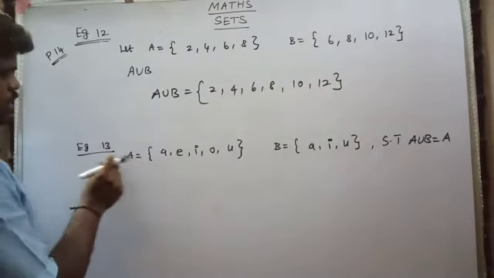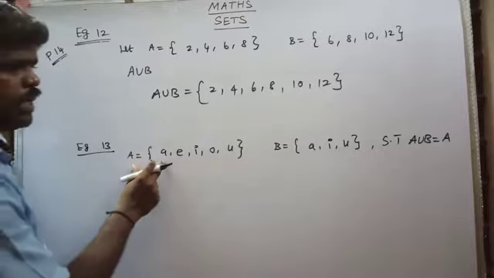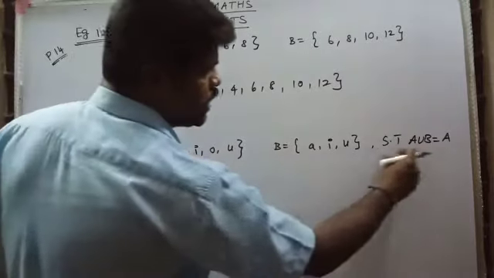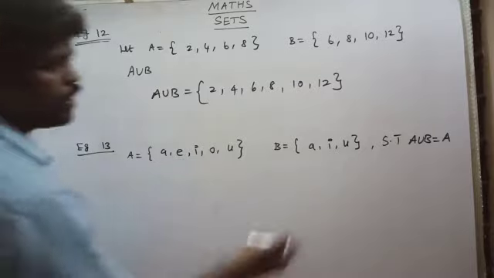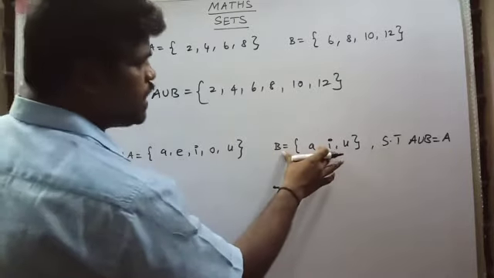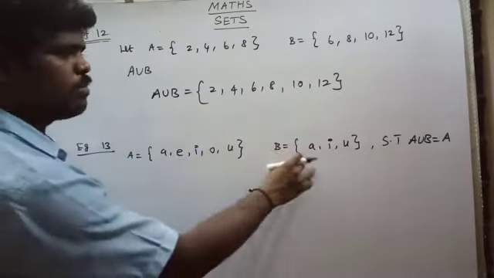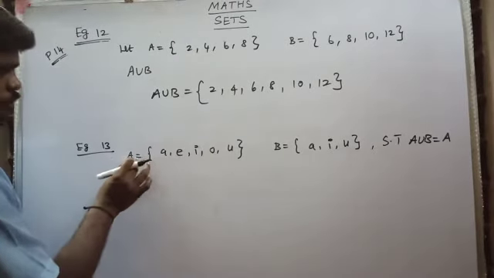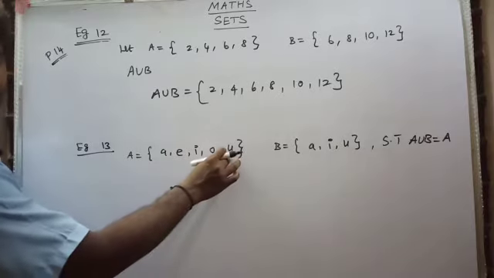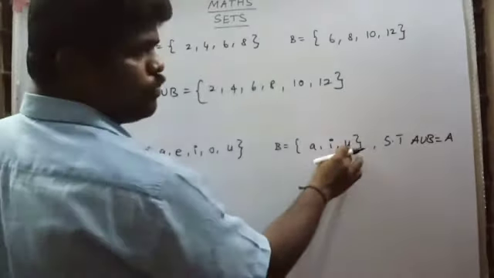And example 13: so that A union B equal to A. Suppose B is a subset of A. Here A is {a, e, i, o, u} and B is {a, i, u}.